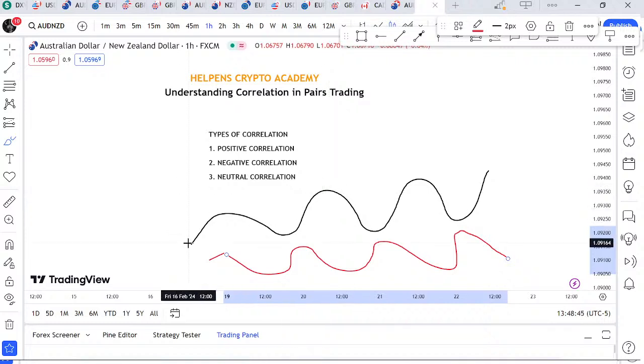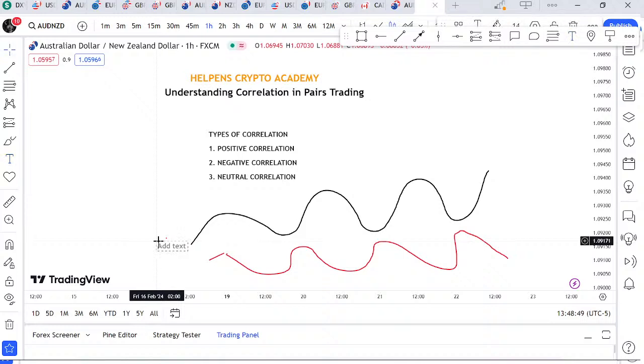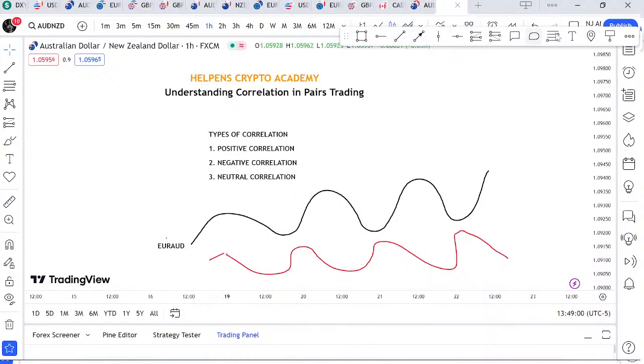A perfect example of a negative correlation is Euro AUD and AUD NZD.